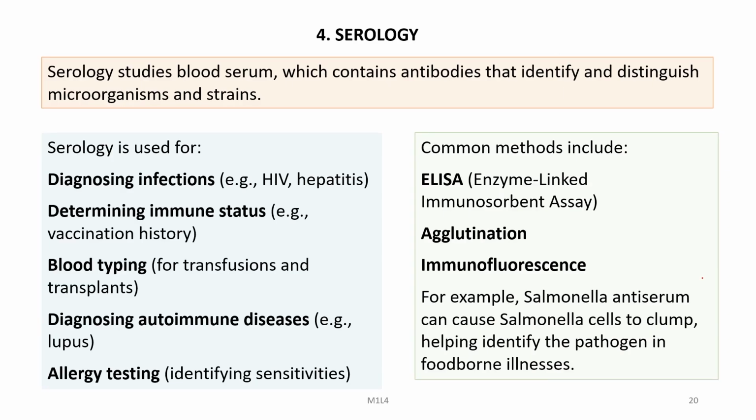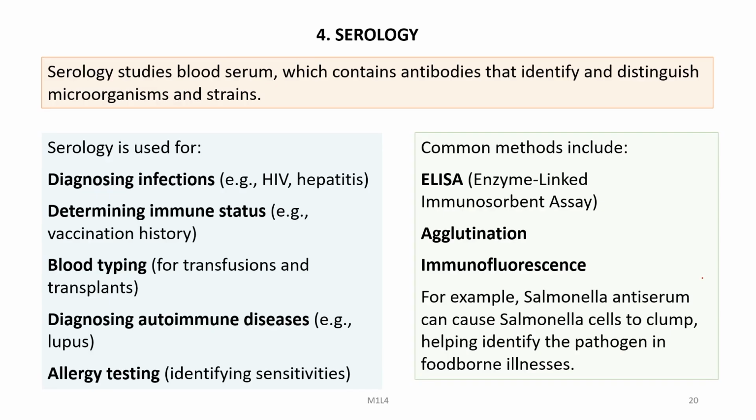Another important method or tool is serology. Serology basically studies blood serum which contains antibodies that identify and distinguish microorganisms and strains. Using serology, we can diagnose infections like HIV, hepatitis, etc. We can determine immune status, I mean the vaccine history of a particular patient.